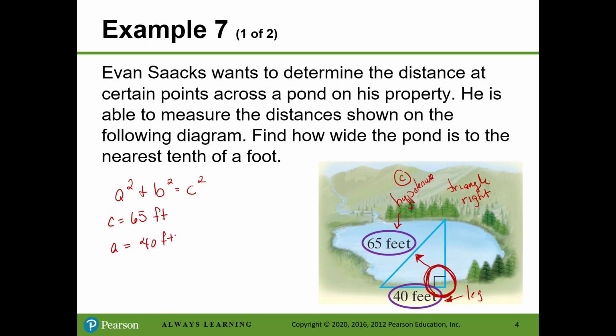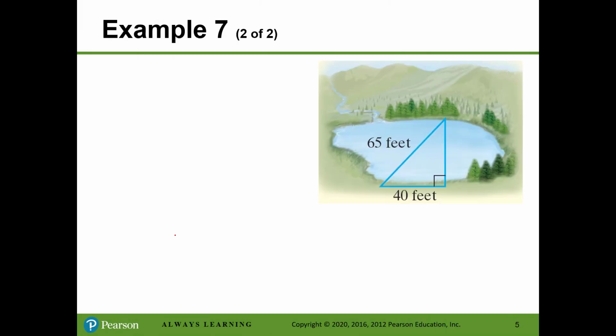Good? Okay. So I have a second piece of paper here, so to speak, so we can work on this. So again, A squared plus B squared is equal to C squared. We said on the previous page A, we're going to be allowing it to be 40. I'm looking for the B. I have no idea what that leg is, but I do know the hypotenuse is 65.